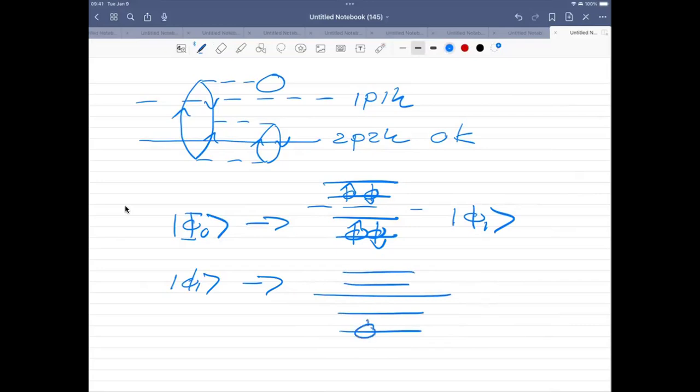I can keep these two here, but now I change the whole state. I could bring one of the particle states down here, and then I could have a state like this one, where the particle state is there.